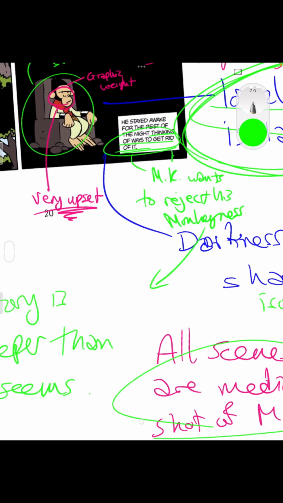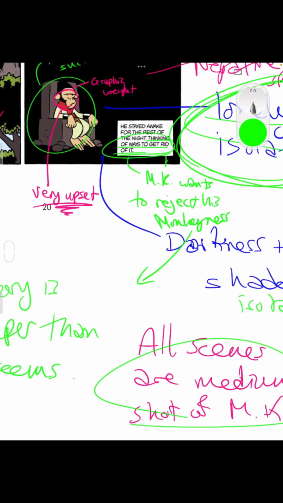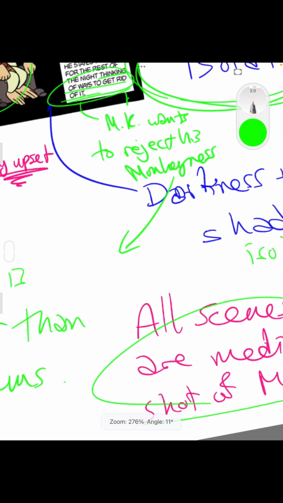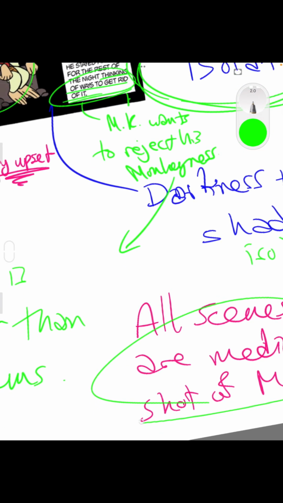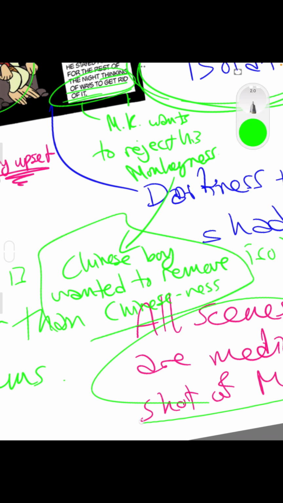And if we take that and add that to understanding that context to this idea, then suddenly we're leaning into something else. This is leading us to understand that this is about not just a monkey wanting to get rid of its monkeyness, but a Chinese boy wanting to remove his Chineseness. Okay, which is not a word.